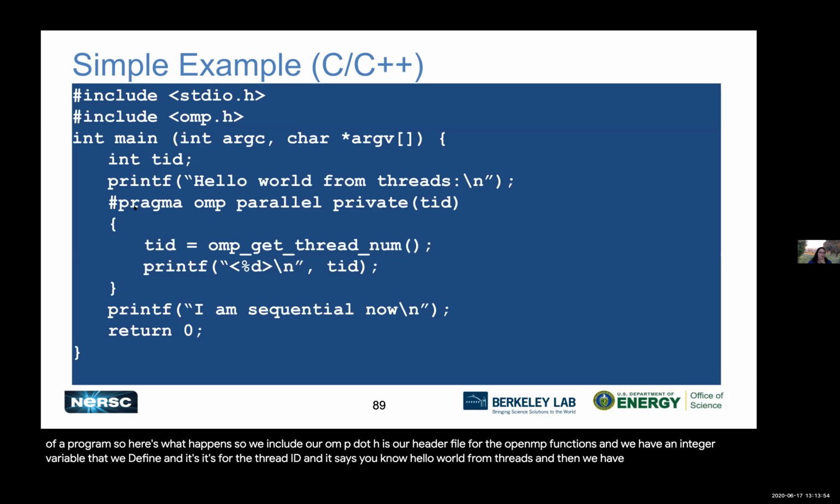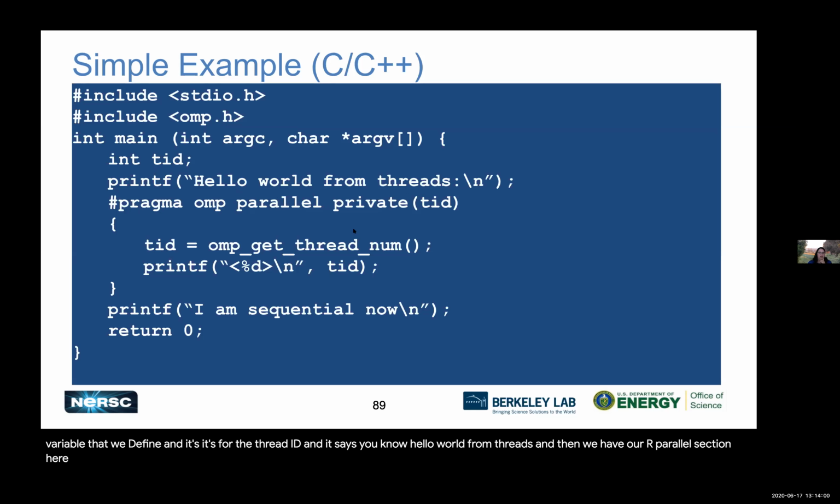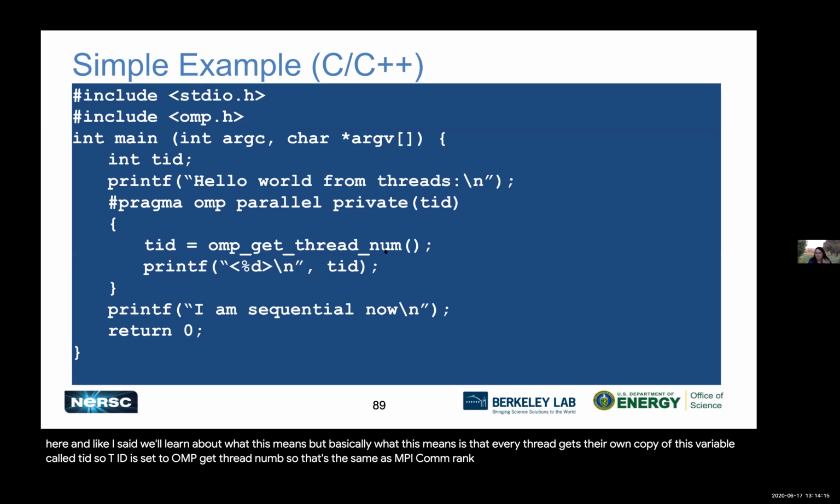And then we have our parallel section here. And like I said, we'll learn about what this means, but basically what this means is that every thread gets their own copy of this variable called TID. So TID is set to OMP get thread num. That's the same as MPI comm rank, except for OpenMP rather than MPI.